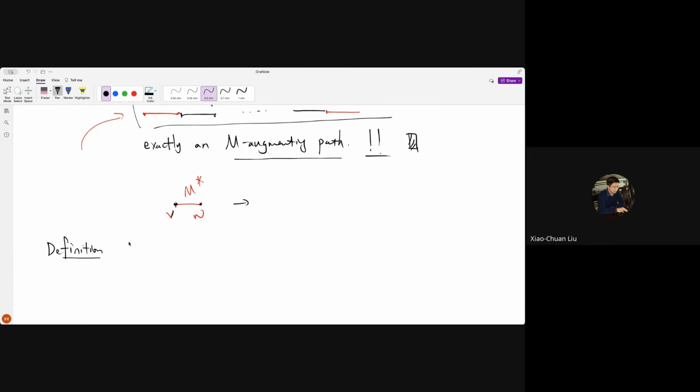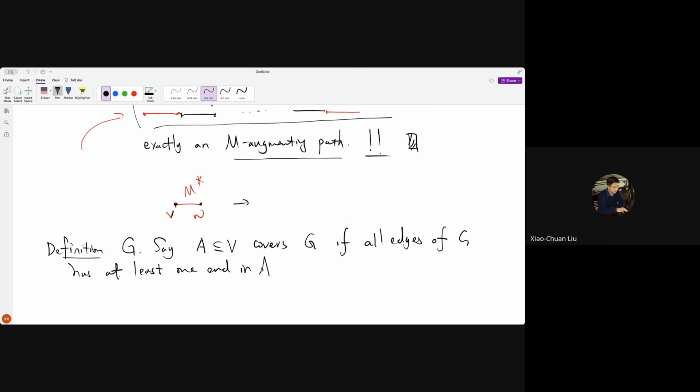Let me work with a graph G. We say a vertex subset A covers G if all edges of G have at least one end in A. Is it okay?